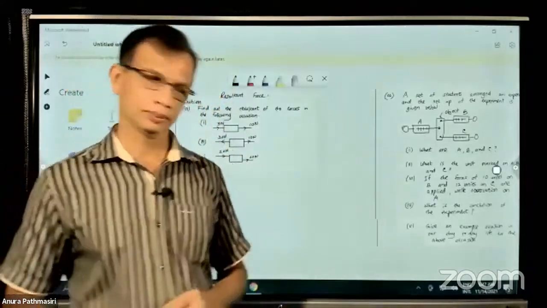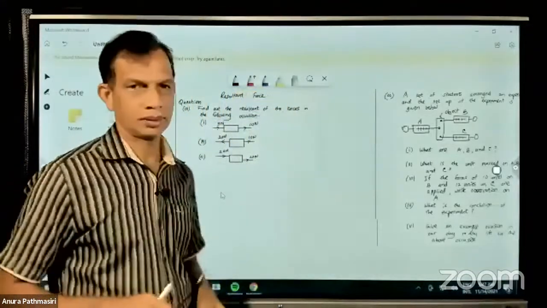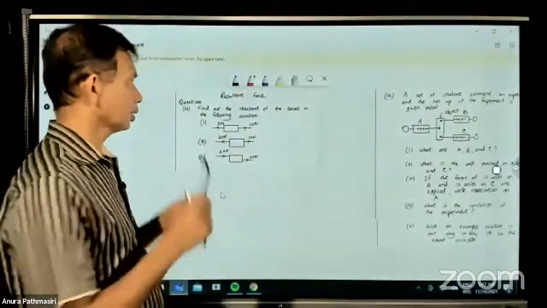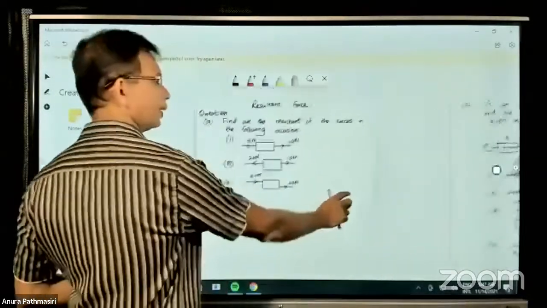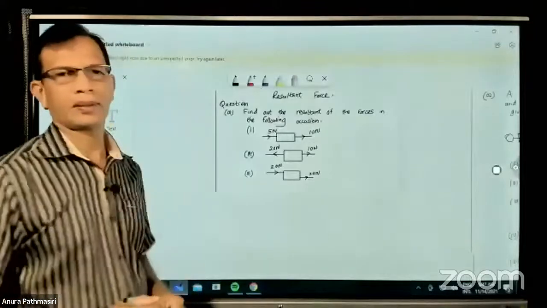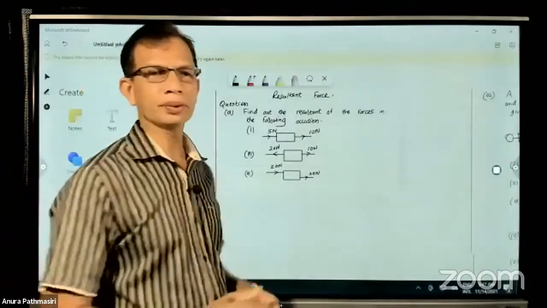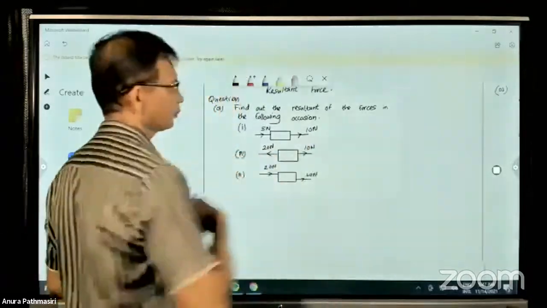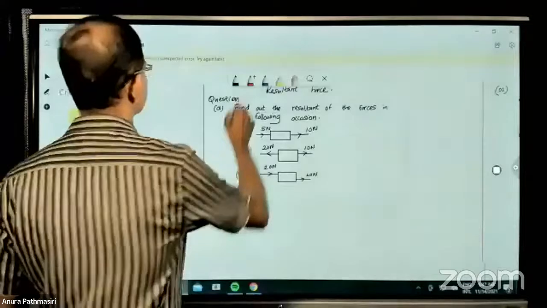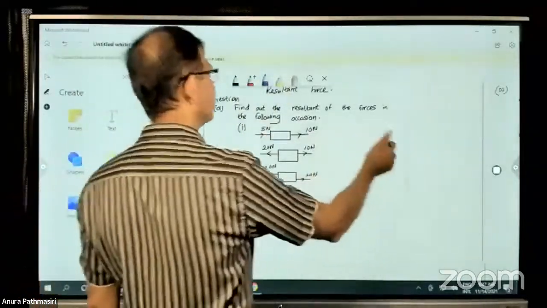Okay, sir. Here you can see the one. Should I share the screen or can I use the same way? Resultant force. Find the resultant of the forces in the following occasion. What is the resultant force of this occasion? 5 Newton, 10 Newton.